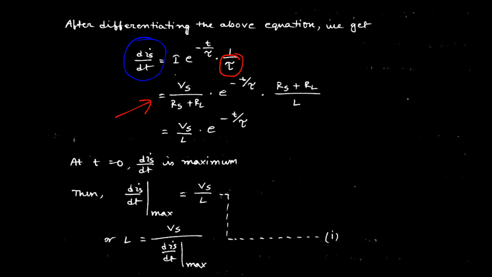So we can rewrite the expression as Vs by L into e to the power minus t by tau.